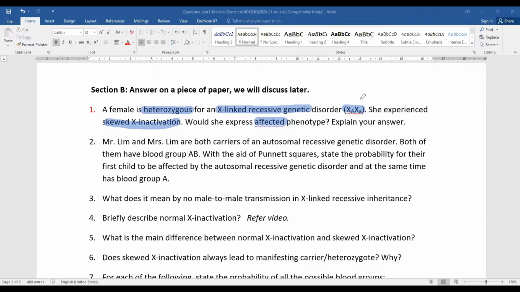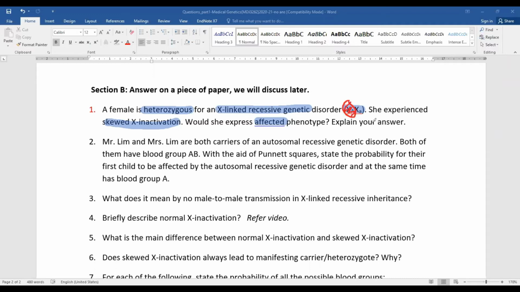Exactly. Remember, she is X capital A X small a. Let's say this capital A X is the paternal, and the X small a is the maternal. So even though during skewed X inactivation, meaning it's not random, it's preferentially inactivating, it could be preferentially inactivating this one, the paternal.